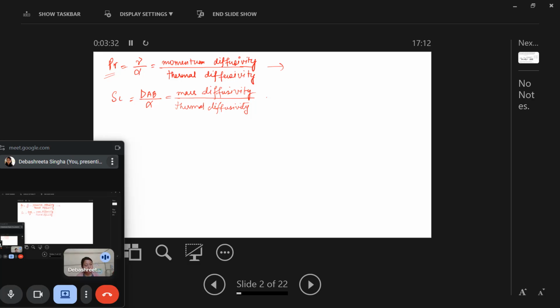So again, if you want to know the relation between the boundary layer thickness of the mass and thermal, this number is used to give that relation.